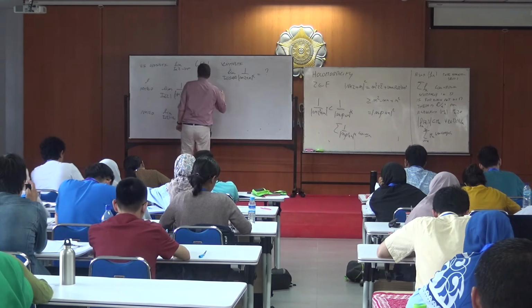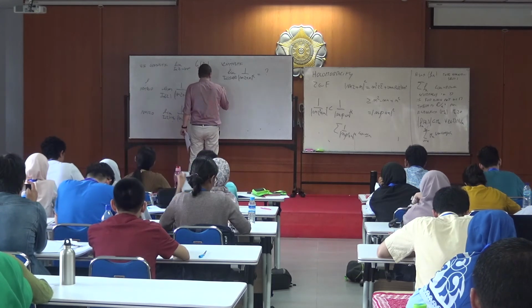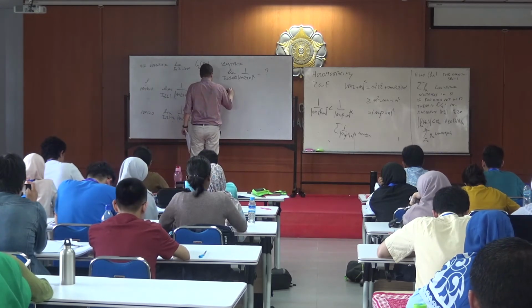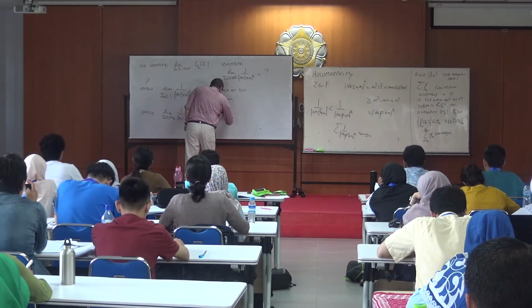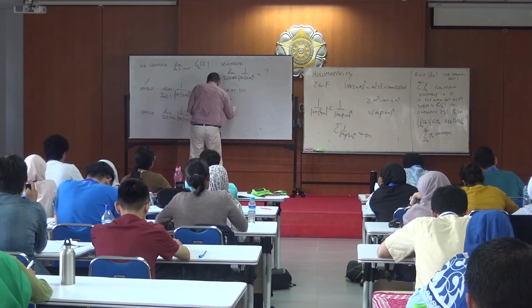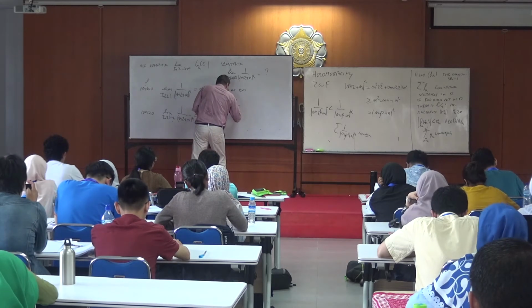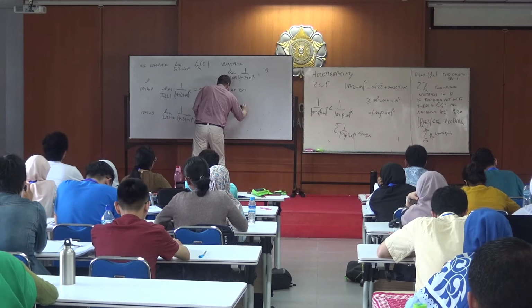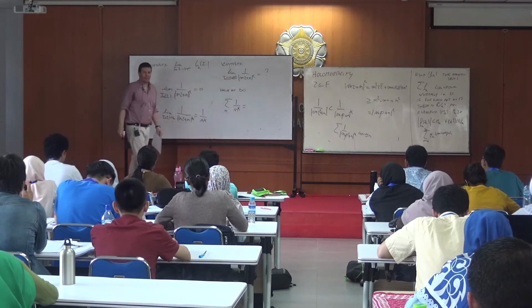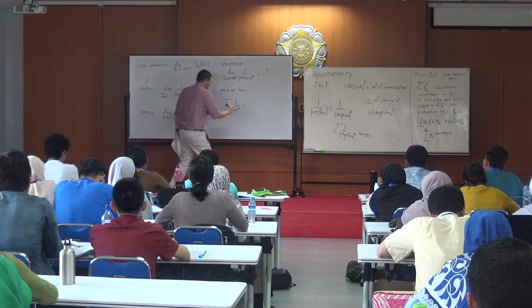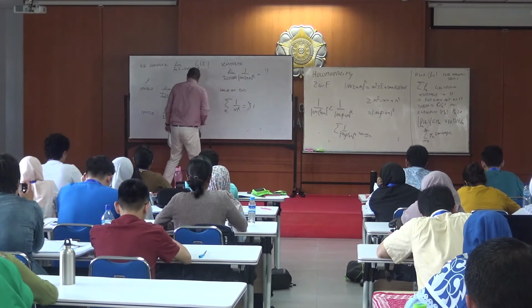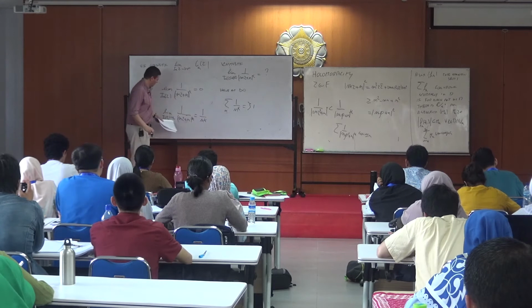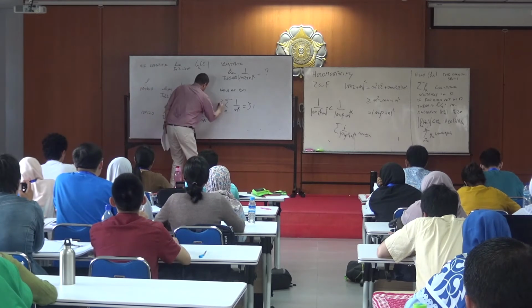So in the end, the value at infinity is just a summation over n of 1 over n to the k. And this is a very famous function. This is the Riemann zeta function. Oh, it's twice, sorry. Because n can be positive and negative, so it's twice this one.